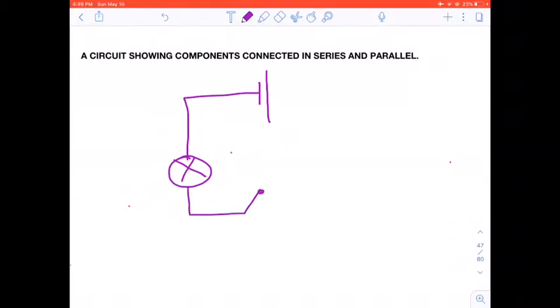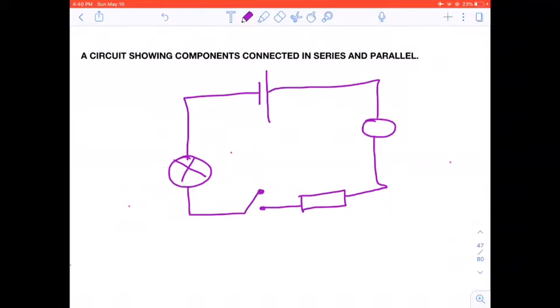So here I have a circuit, and I have a bulb, and then from there to there we have our switch, and then we have our resistor like that, and then we have our ammeter.